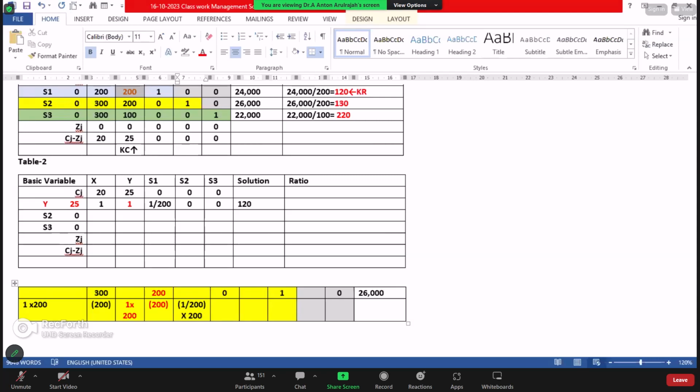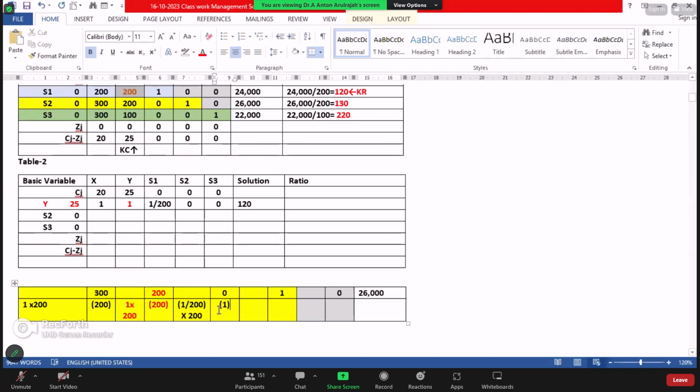To how much? That is 1. So we have to write it here. 2 by 200 multiplied by 200 is equal to 1. Right?